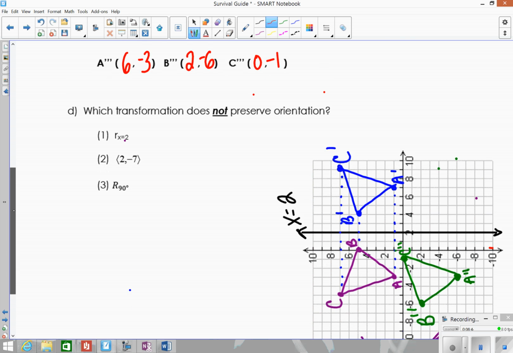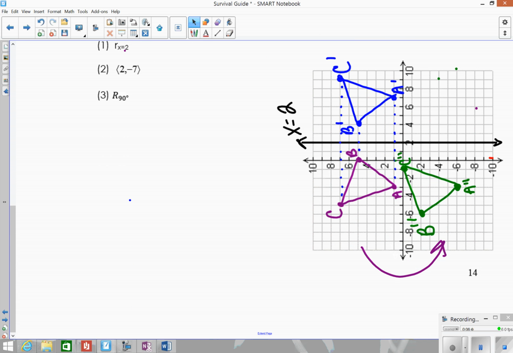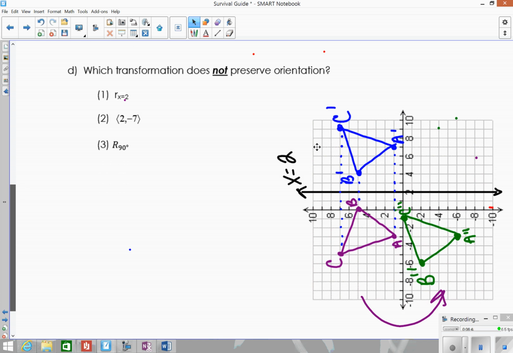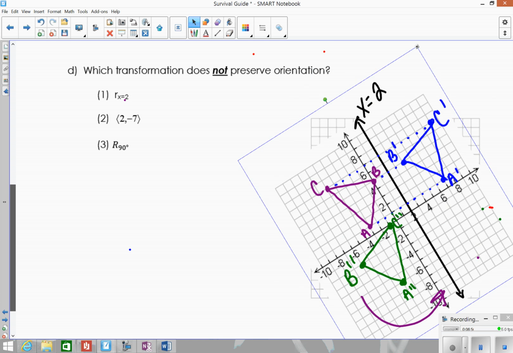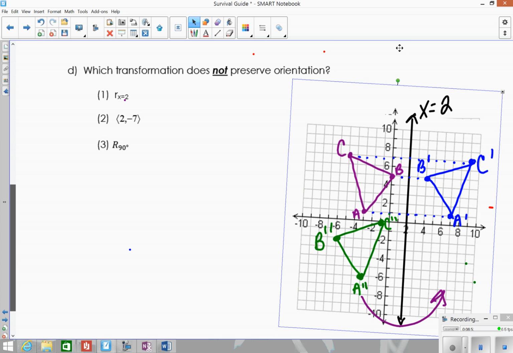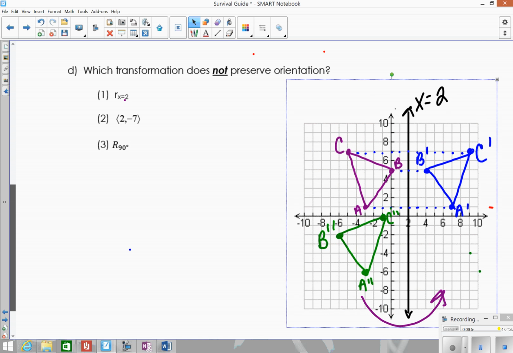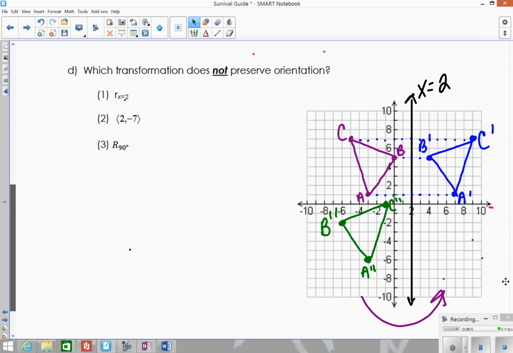Then when I actually want to plot the picture, I'm going to turn the graph back, and I'm going to plot those coordinates. For A triple prime, I have 6, negative 3. So I'm going over to 6, down 3. This will be A triple prime.